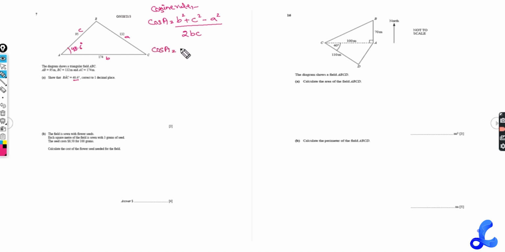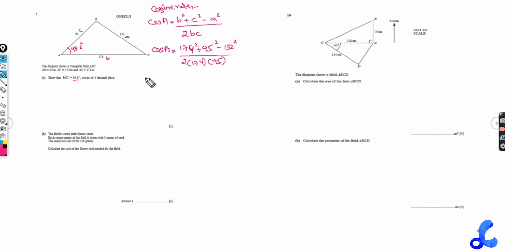Cos A equals 174 square plus 95 square minus 132 square over 2 times 174 times 95, right?